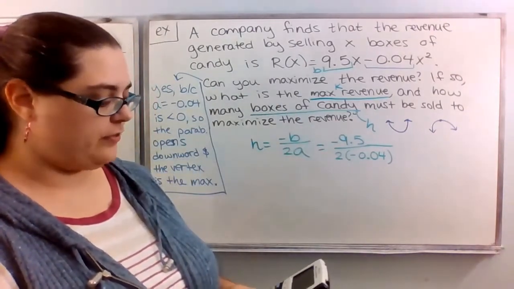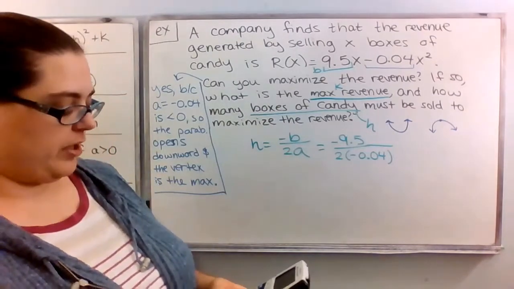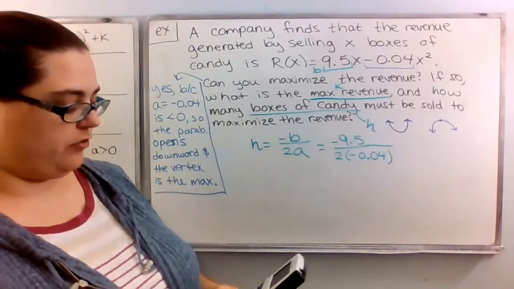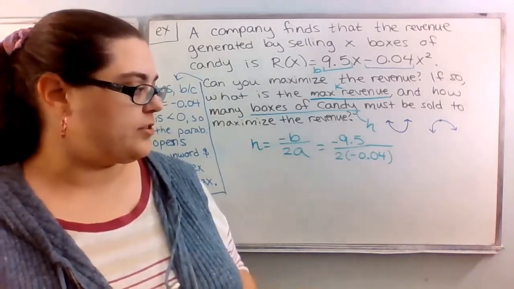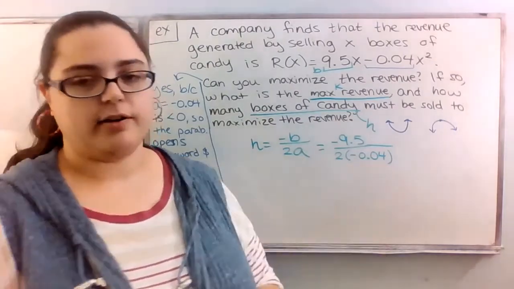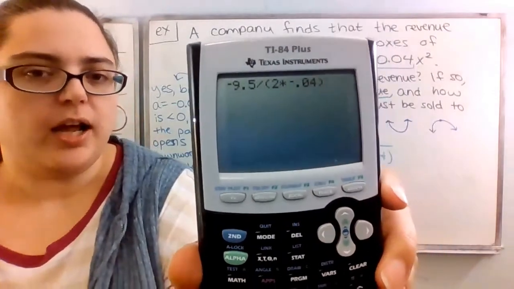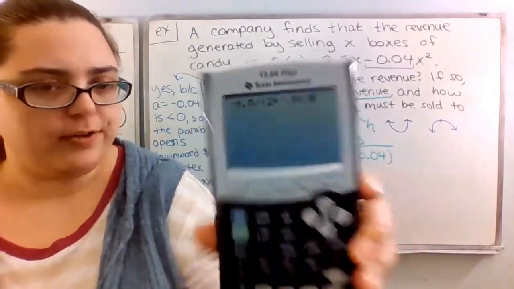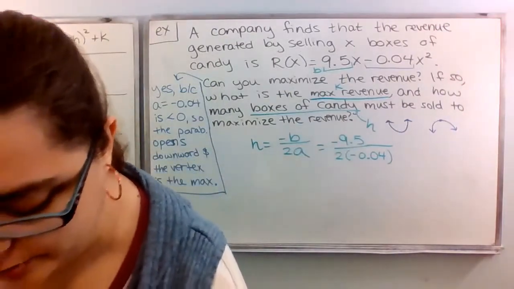So negative 9.5 divided by 2 times negative 0.04. I'm going to make sure to put parentheses around that 2 times negative 0.04 when I throw this in the calculator, so that the order of operations are followed. And that's going to give me 118.75.